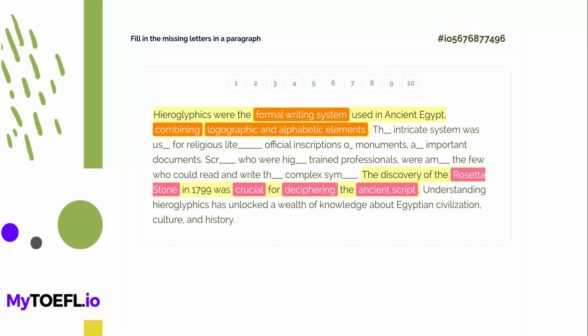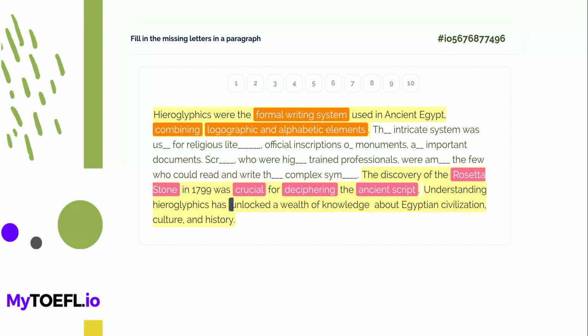We now turn to the fifth and final sentence, which summarizes the impact of understanding this writing system. Understanding hieroglyphics has unlocked a wealth of knowledge about Egyptian civilization, culture, and history. This concluding sentence explains the result of the deciphering mentioned earlier.